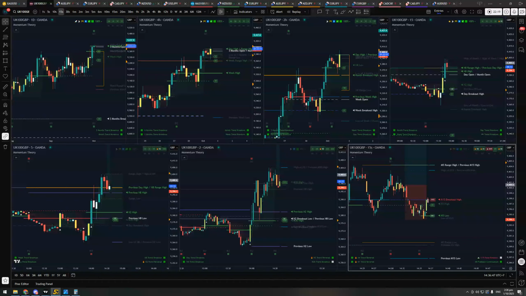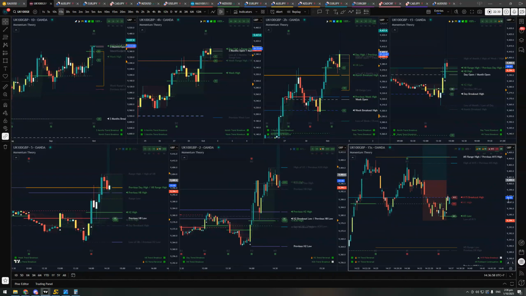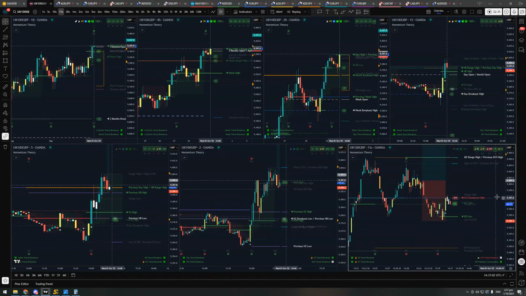Okay, no continuation. So the trade that I took on this one is based off of the M5. Aggressive one, safe one would be above this M5 high. And now I'm looking to take this 15-minute one. So I just want to see price continue pushing.